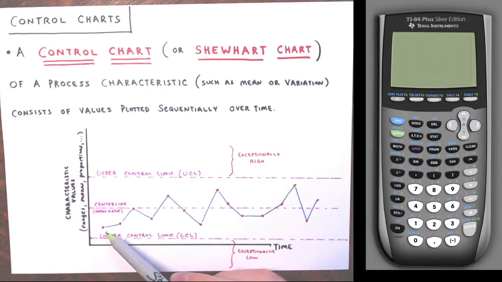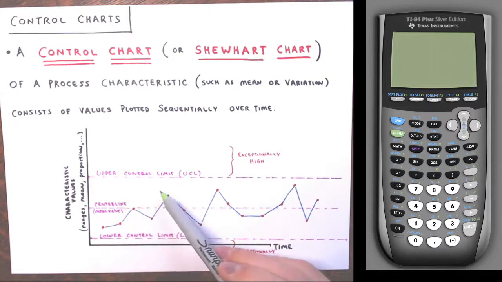Then the probability of having 8 points in a row above the center line, or 8 points in a row below, would be like the probability of flipping a coin and getting 8 heads in a row, or 8 tails in a row. The chances of that happening are incredibly slim. It probably wouldn't occur if the process had a natural variation to it, if the process were stable.